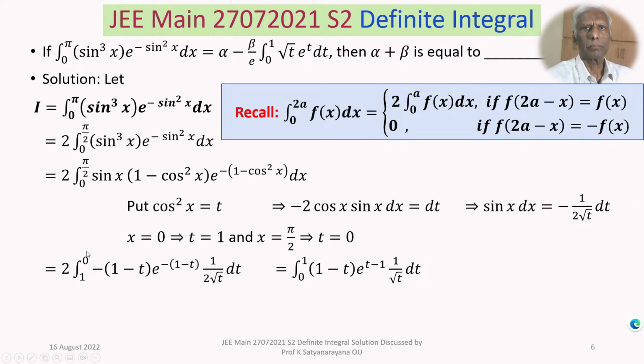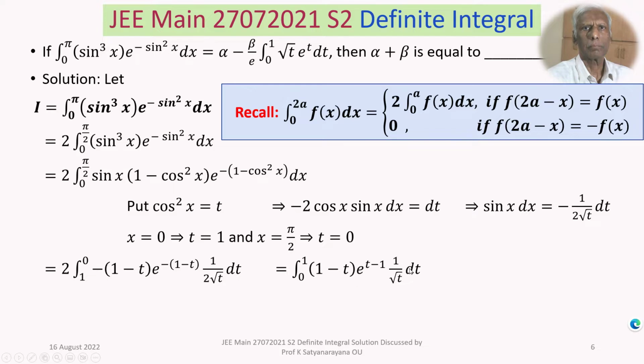Instead of 1 to 0, we have written 0 to 1 and we have taken out a minus. Right, and that will be integral 0 to 1 minus t into e to the power of minus of 1 minus t, and that will be e to the power of t minus 1, and 2 cancels, and 1 by root 2 root t dt. So this is the one what is left out.